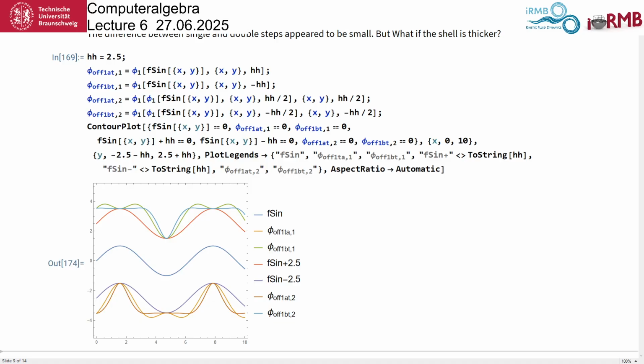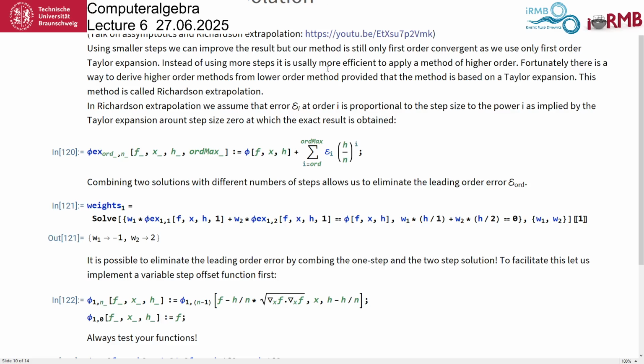We see there are different solutions, and at least for this case, I would say from the picture norm, the 2-step thing seems to be more trustworthy, so that would be better.